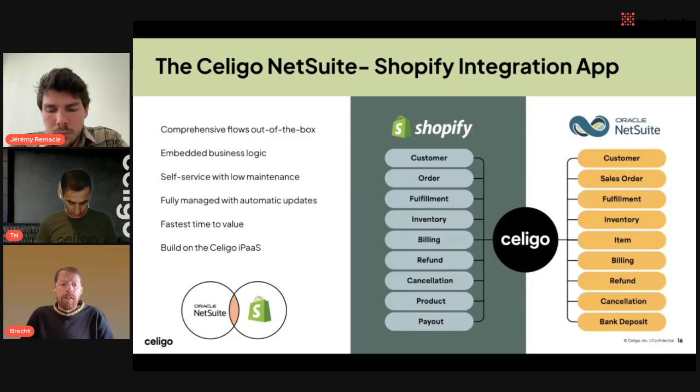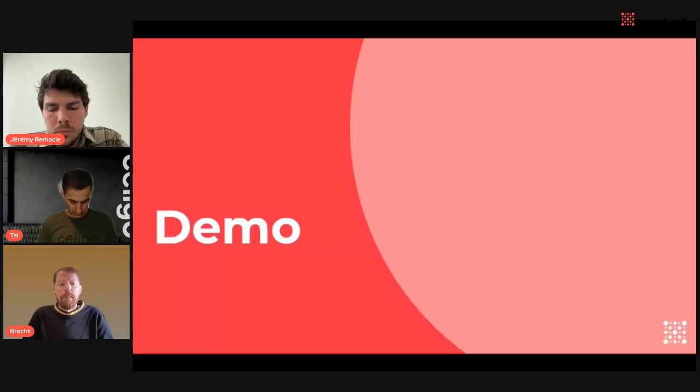And it's of course the fastest way to get an integration up and running, because we don't have to start building from a blank canvas. This is slightly different to a template. A template you can also use, but it's not really maintained, it's just a starting point, whereas this is a real app that will be maintained by Celigo themselves as well, which is great. So we'll see that in our demo parts.